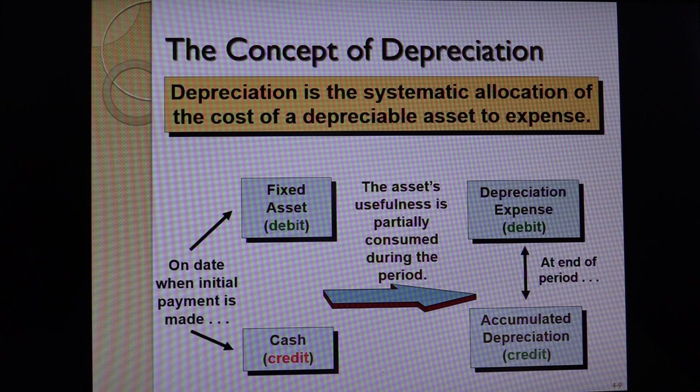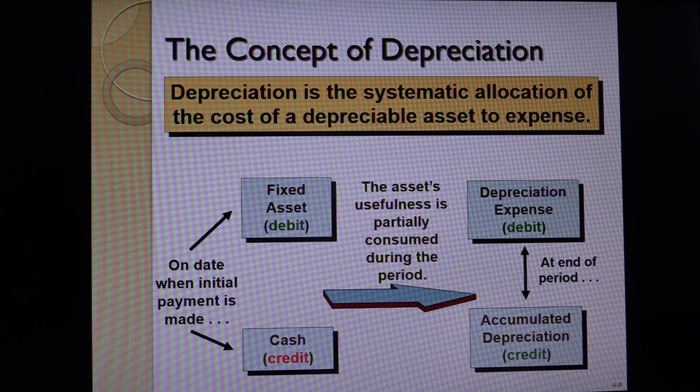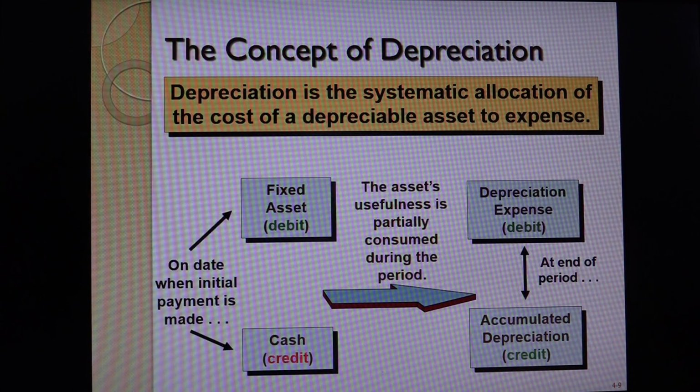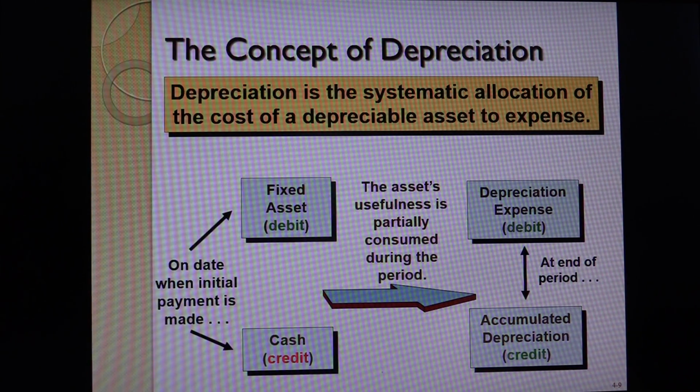So each month that you use this asset that has a useful life of more than one period, you're going to debit depreciation expense, and then you're going to credit something called accumulated depreciation.